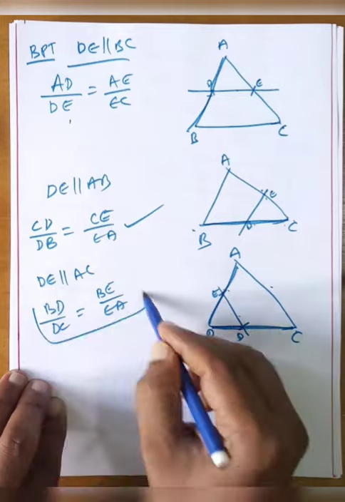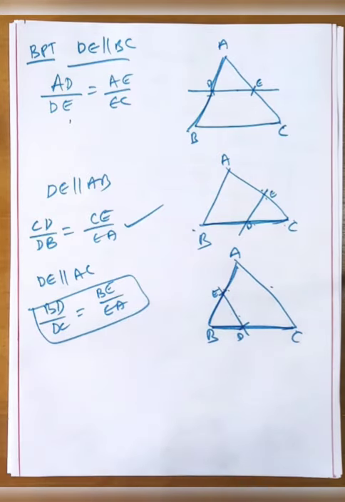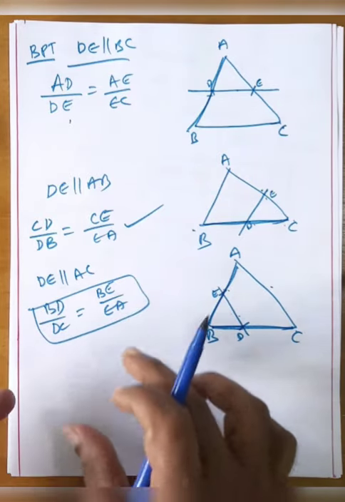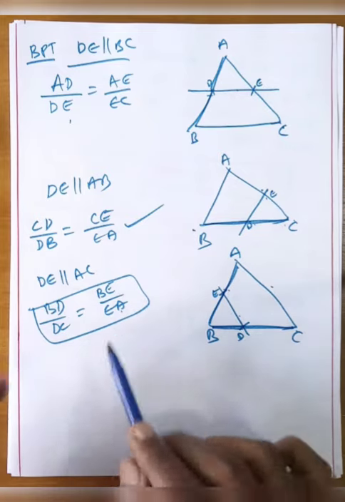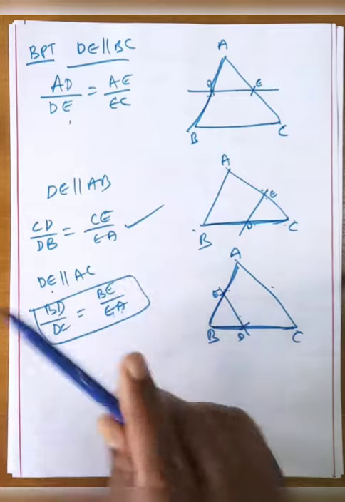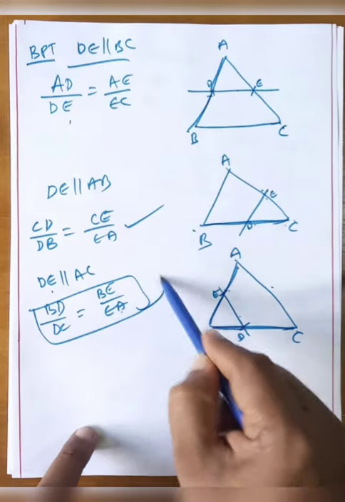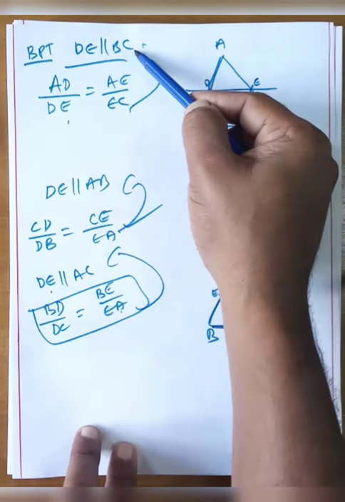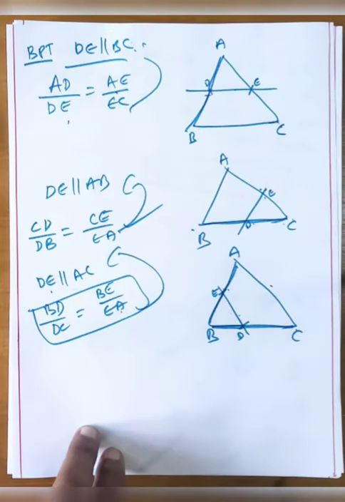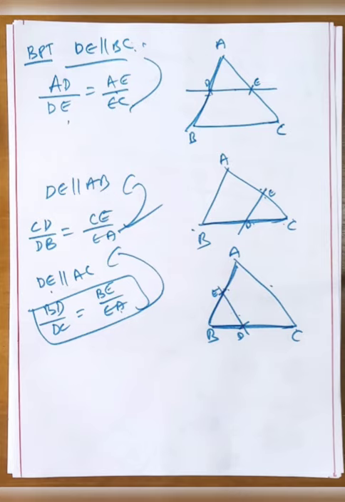Don't confuse. Conversely, if the line divides the two sides in the same ratio, then this line must be parallel to the other side. If this is given, we will write this. Remember the basic proportionality theorem, my dear students.